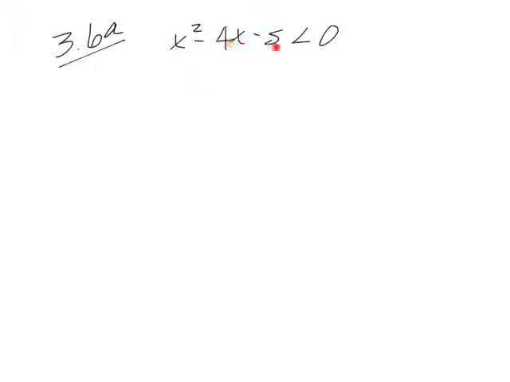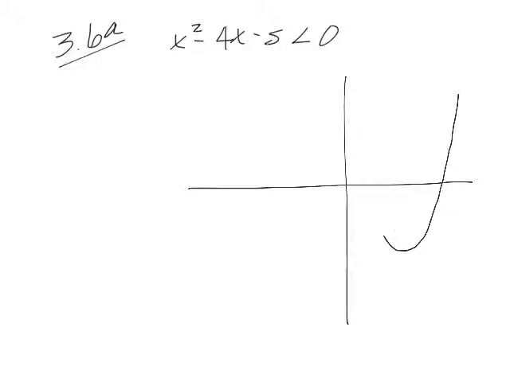Alright, so one of the key things you need for this, and make sure you write this down, is we're going to basically replace every equation with a y. So this one right here says, I want to know what the x values are such that y is less than 0. So what I'm looking for is a graph where, let's say, the graph looks like this, which it does.